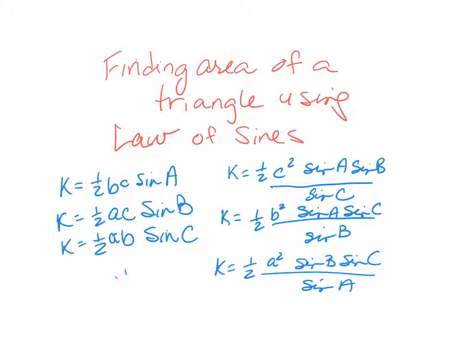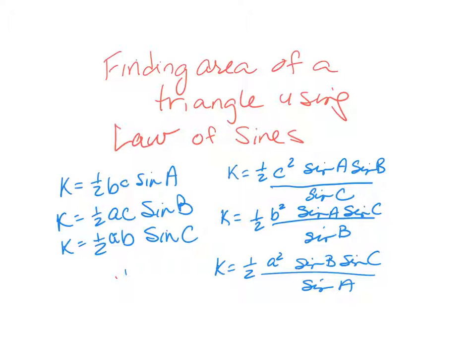And on your formula sheet, on the first page that says formula in your packet with the unit circle, it'll give you the first ones of these two, but I gave it to you depending on what sides they give you. So I gave you 3 for each one, but it's the same thing, I just moved it around.